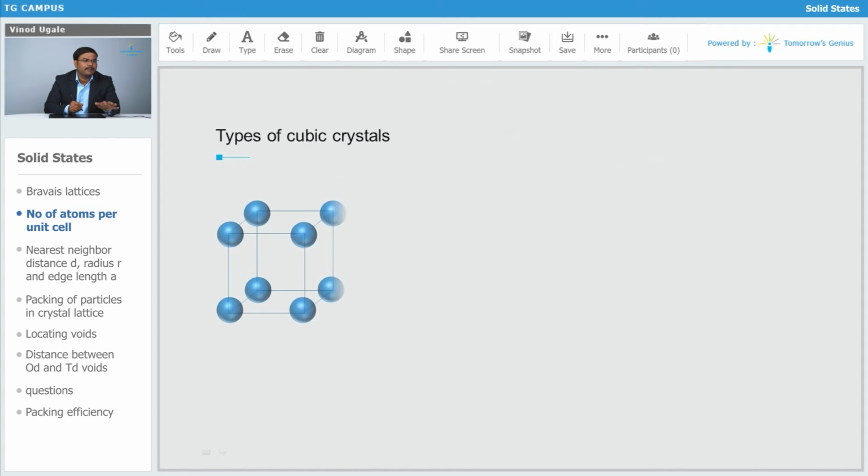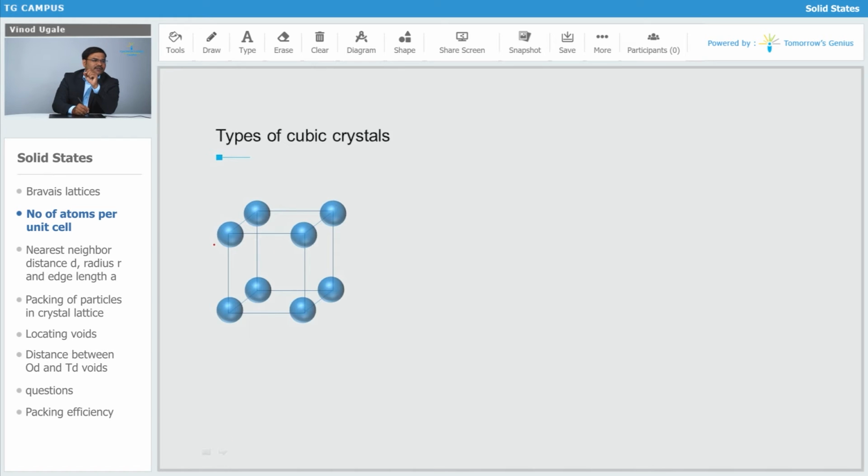Okay, so let's first start with the simple cubic unit cell. I already told you, for understanding the geometry very well, that to see how the cube is formed, we join the centers of the constituent particles, that is lattice points. In this simple cubic case, how many lattice points are we going to have? Let's calculate.